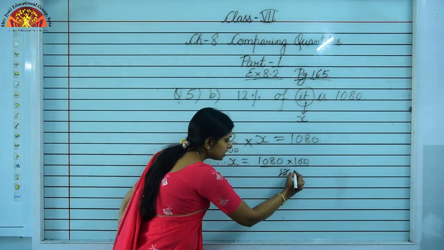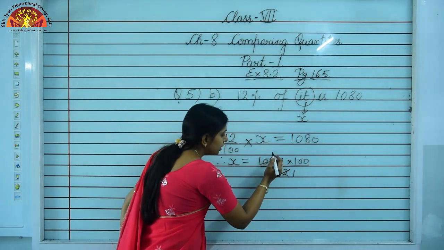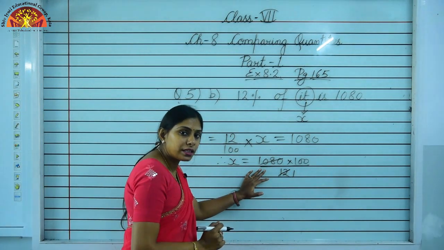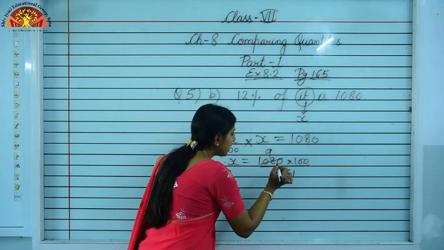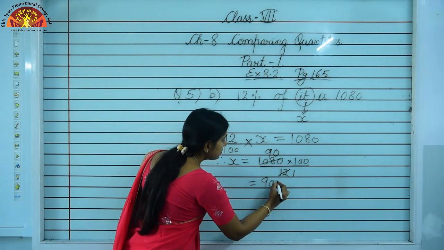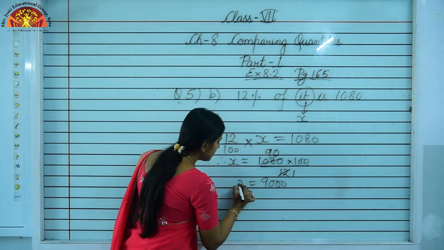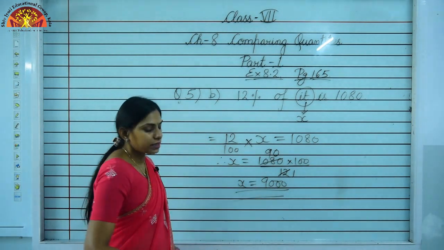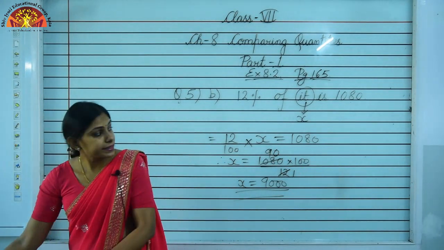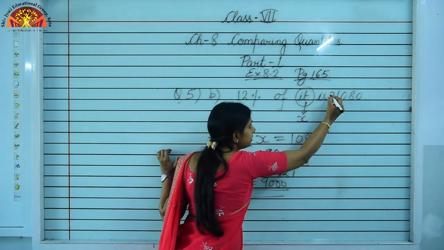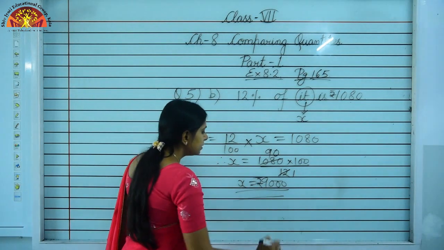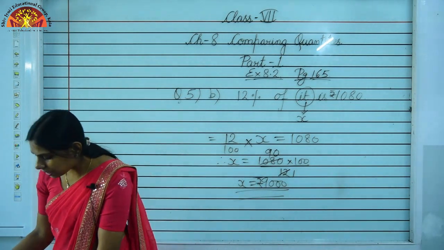So 12 ones are 12, 12 किस table से आएगा, 108 कब आएगा, I hope you already know, 12 nines are 108, that is 90 into 100, so it comes out to be 9000, that is the value of x is equal to 9000. Okay children, it is rupees, so you have to be aware about the unit. यहाँ पे क्या देखा, it is rupees 1080, so your answer will be rupees 9000. Got it?